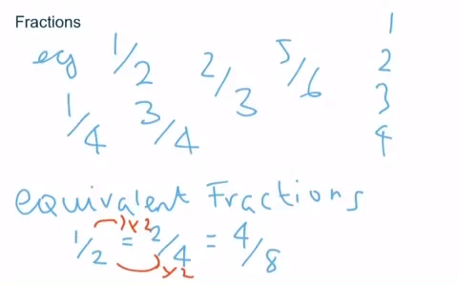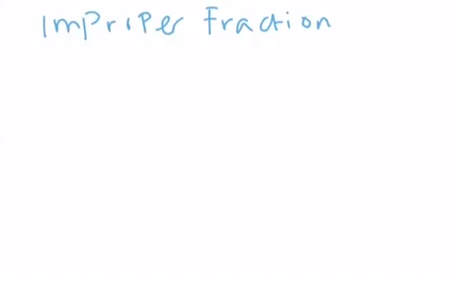Okay, so if we look at the next definition or next concept, improper fractions. So what are improper fractions? Another term for improper fractions you might have heard is top-heavy fractions.